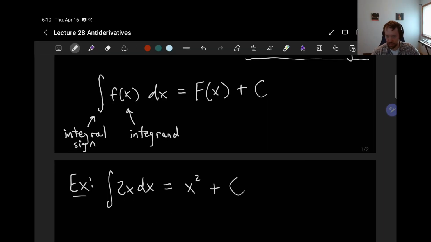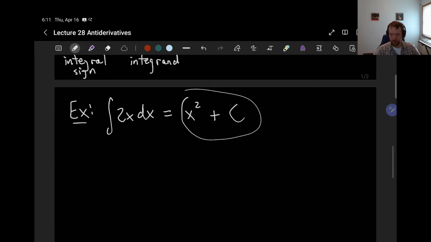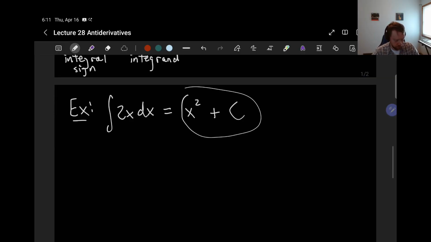Then just tack on that plus C. So this gives you all antiderivatives of 2x since you have the plus C. Now, this leads us to our first rule of integration, power rule.